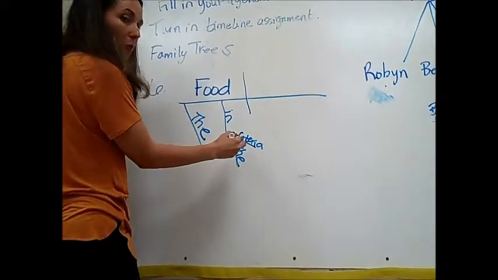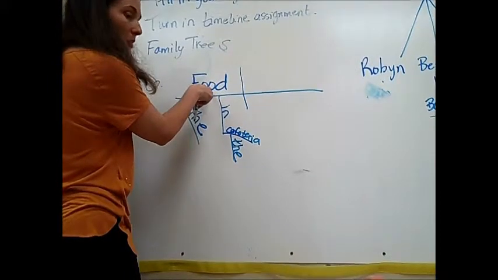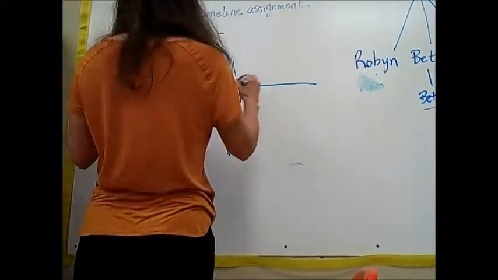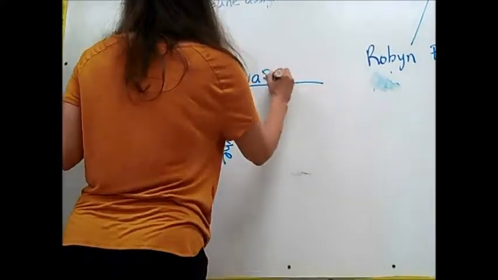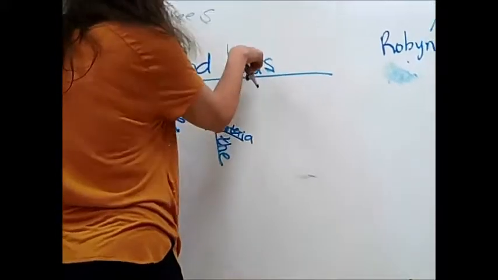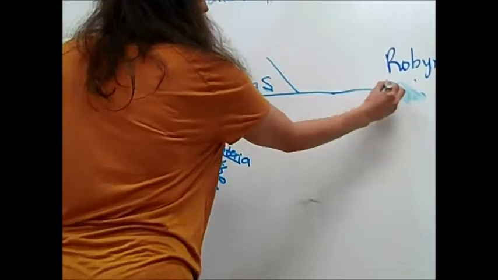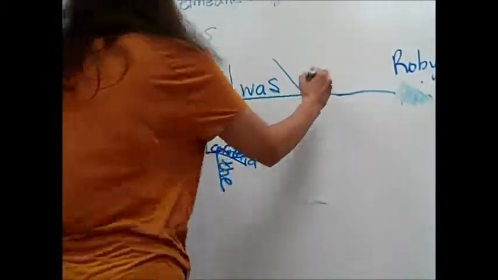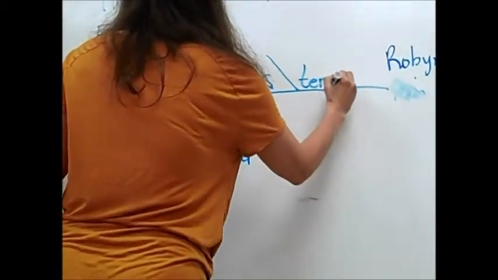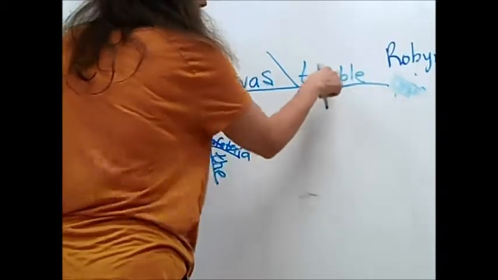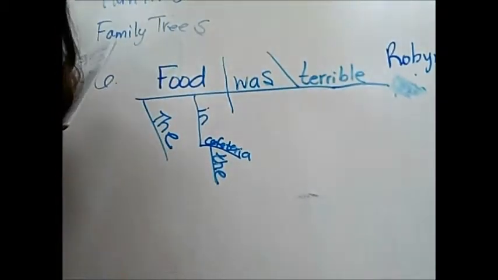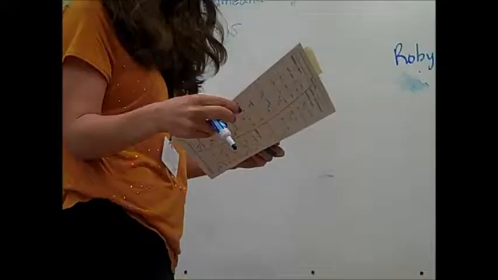It's an adjective prepositional phrase modifying food, our subject. Food was, that's our simple predicate or verb right here. We do our slanted line to show predicate adjective. This is an adjective modifying our subject, saying that the food was terrible. That's number 6.